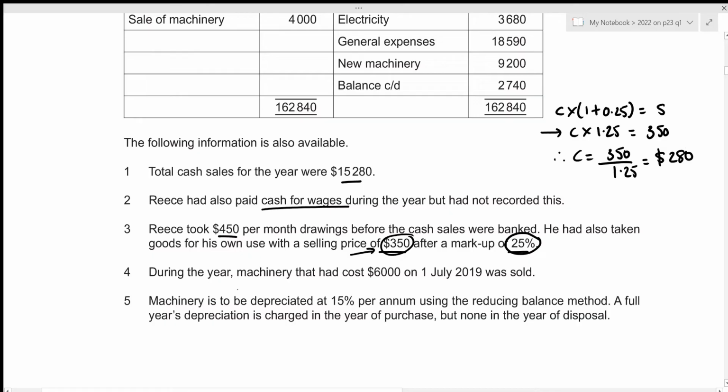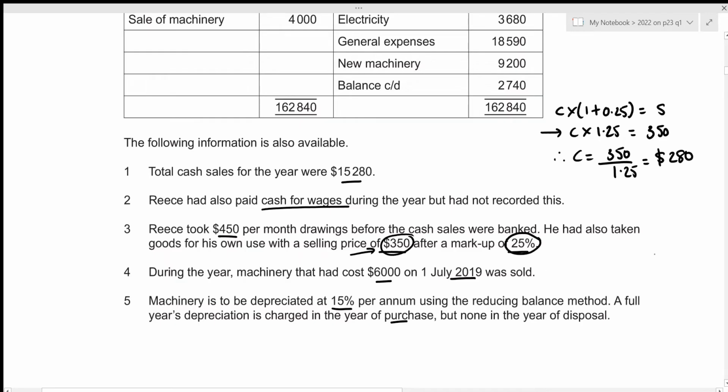Alright, then during the year, machinery that had cost 6,000 on 1st July 2019 was sold. So this is the disposal, right? And machinery is to be depreciated at 15% per annum using the reducing balance method. A full year's depreciation is charged in the year of purchase, but none in the year of disposal. Okay, so let's talk about this disposal of machinery.